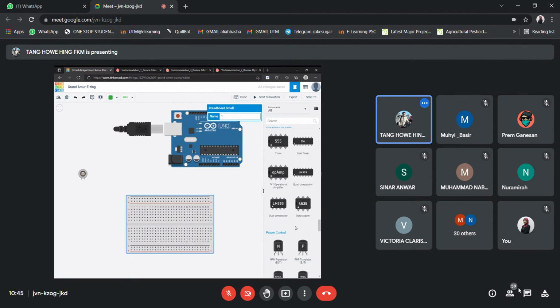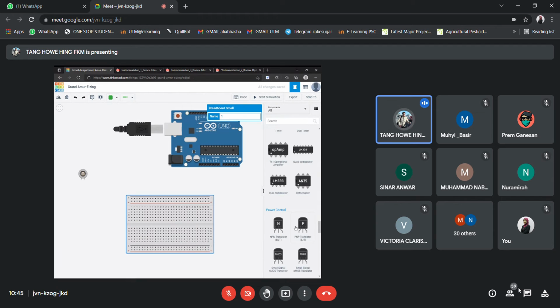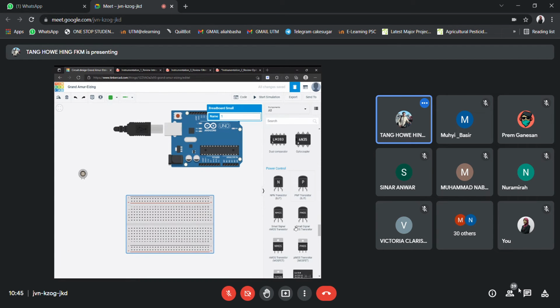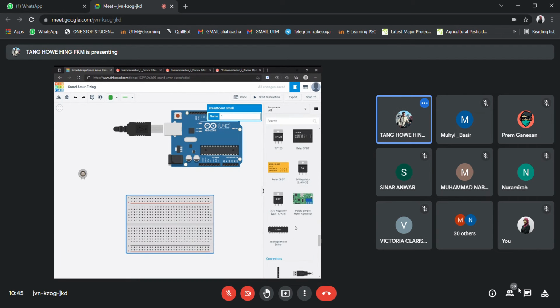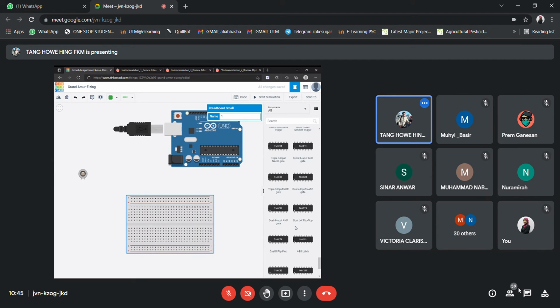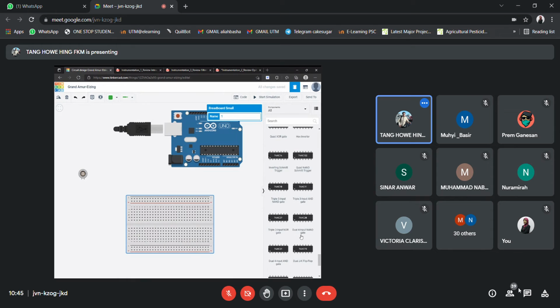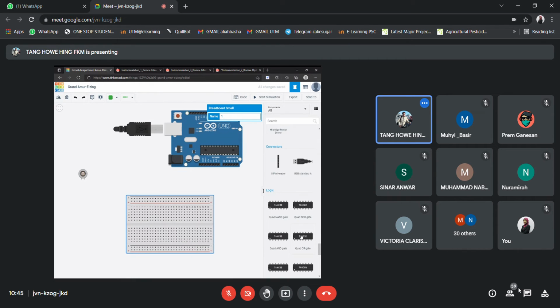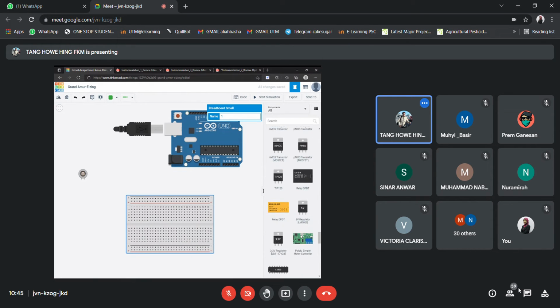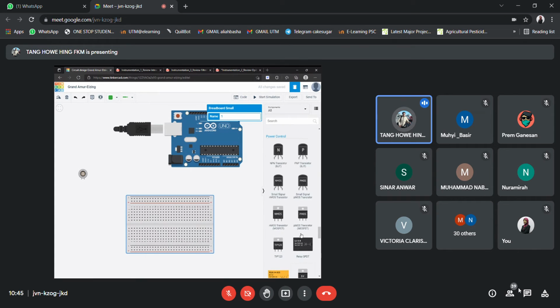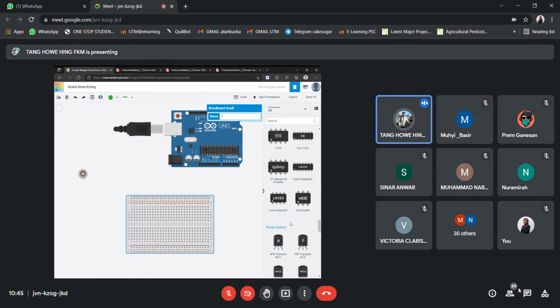This is a dual comparator. Sorry. Okay, and therefore I'll just attach it to here.